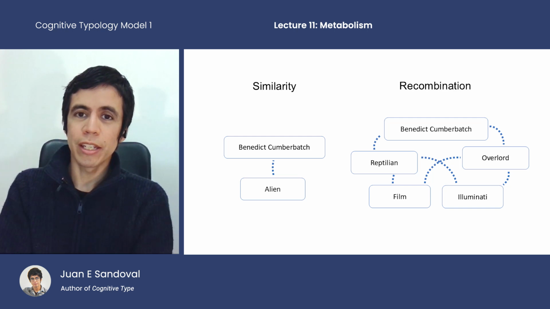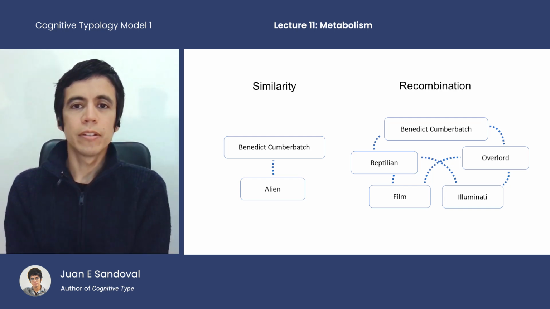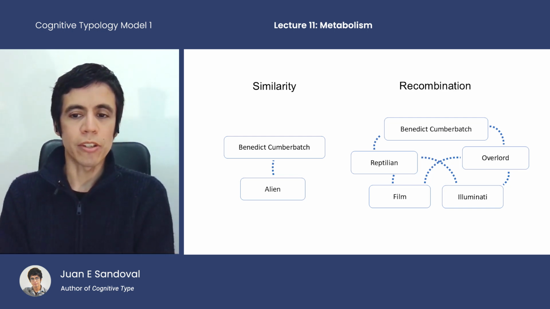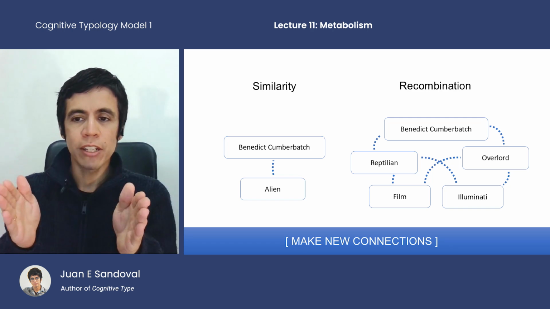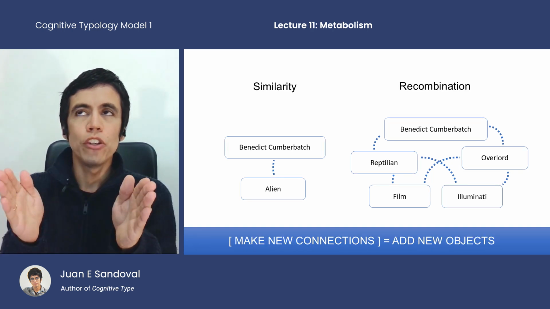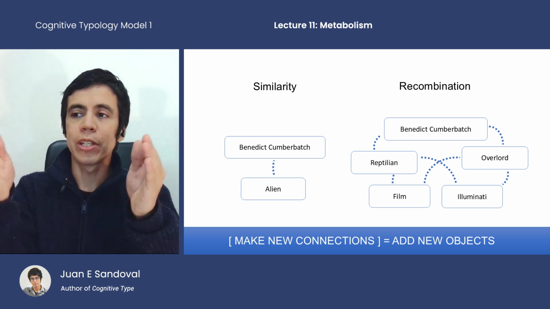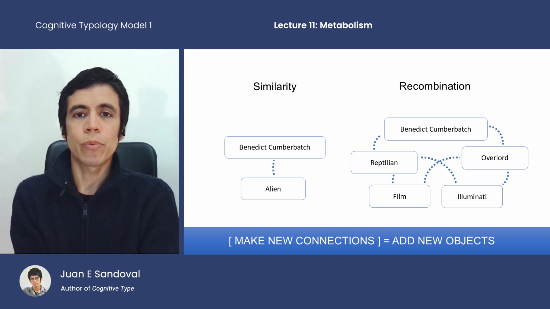Now, metabolically speaking, these two forms of association are really the same thing. The only difference is the degrees of connectivity applied to the situation. The core operator here is make new connections. And by making new connections, you're essentially adding new or novel objects, because you make a new object when you do this. You generate a novel arrangement, and that is a kind of exploration.